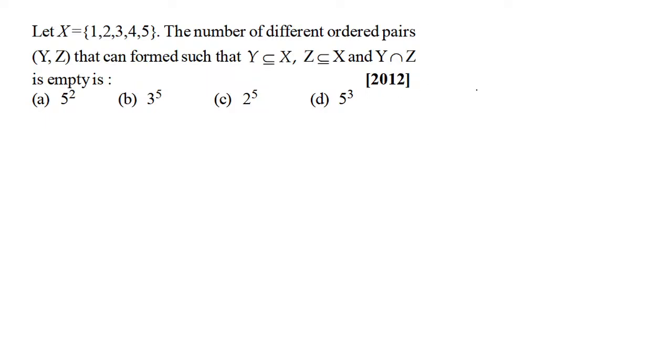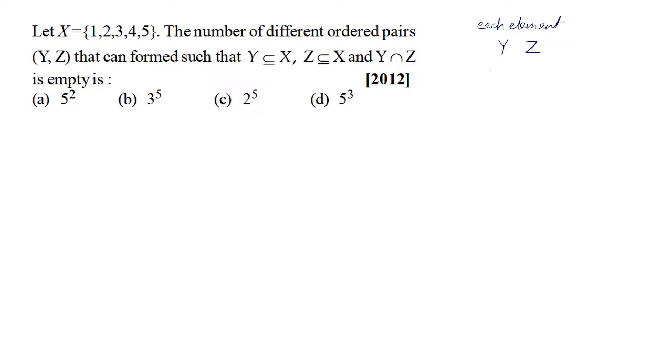Anyway, so here y intersection z being empty set means what? There is no element common between y and z. And what are y and z? They are subsets of this set X. So each element of this set X in general would have had how many options? 4 options. Each element has these 4 options.